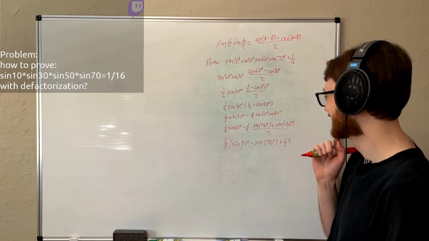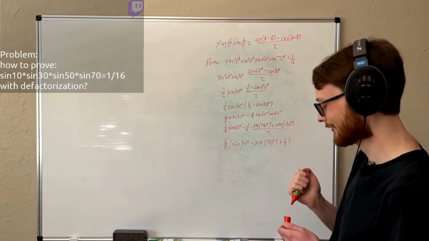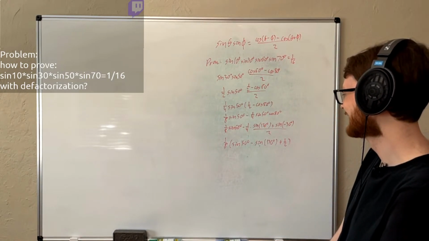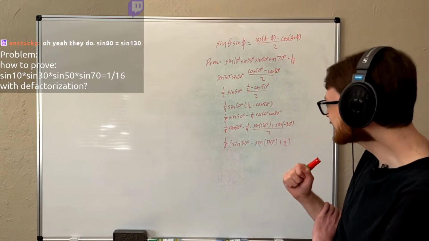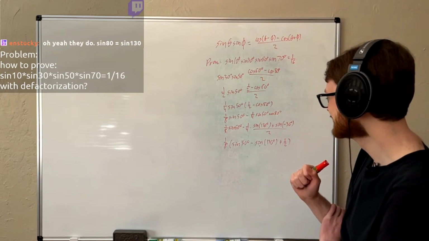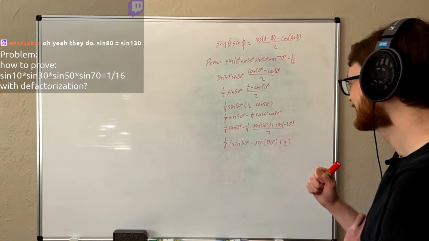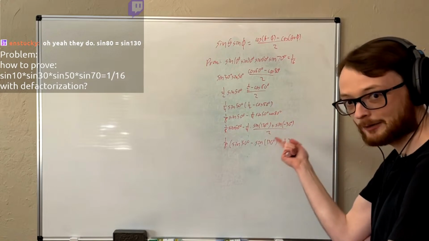The thing is, they're not offset by 90 degrees, so we might not be in business at all. Well, ooh. 90 minus 50 is 40. 90 minus 130 is negative 40?